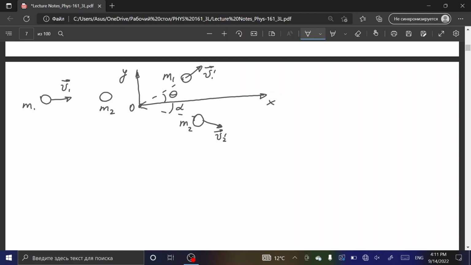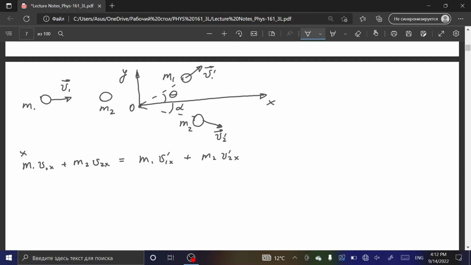So now we need to consider conservation of linear momentum in the two-dimensional case, and we split this in the direction of axis x and y. So in general, how we approach this, we can write that along axis x, we have m1 times v1x plus m2 times v2x. That should be equal to m1 times v1x prime plus m2 v2x prime.